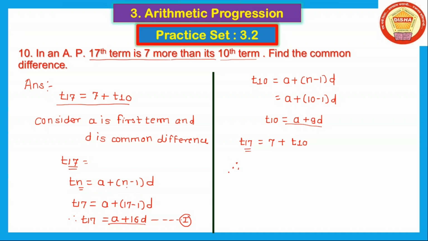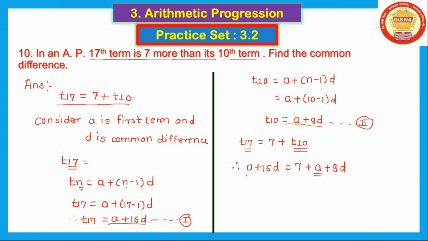What is the value of T17? It is given in equation number first. See here. In equation first, T17 is A plus 16D. So here we put A plus 16D is equal to 7 plus we put the value of T10. T10 is A plus 9D. Okay. See, A plus 16D is equal to 7 plus A plus 9D.